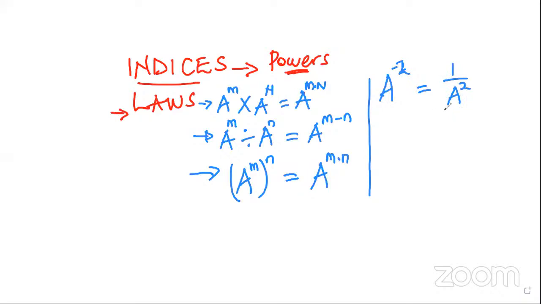We can turn that into a fraction in that given form. Then when we have fractional powers, for example a to the power half, this is the same as the square root of a. If we raise a to the power a third, this is the cube root of a. That is what we have.